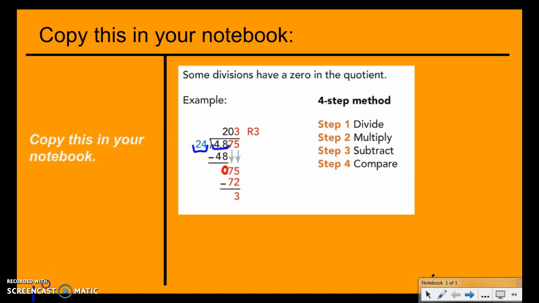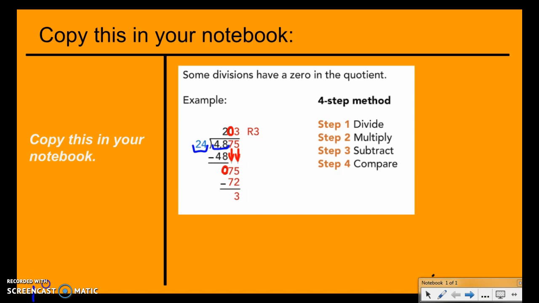After you get your remainder of 0, bring down your next number, which is 7. 24 cannot fit inside of 7. Okay? It's just too big. So 24 will go into 7 0 times, which will give you 0, and then you can bring your 7 back down. Then you bring down your 5.